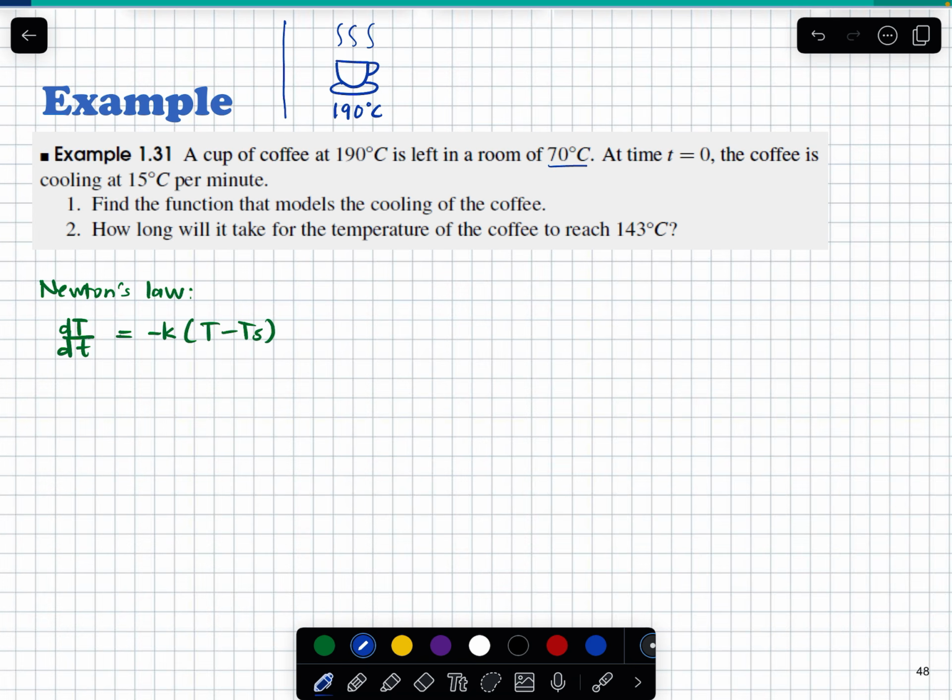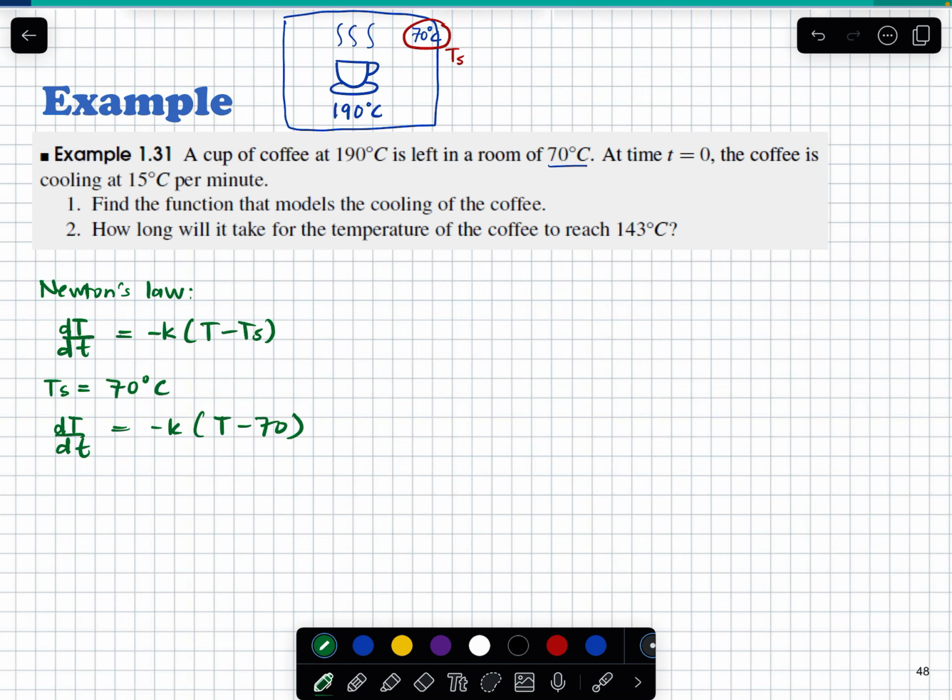It means that the surrounding temperature is 70 degrees Celsius. So we can regard this 70 degrees as Ts, the surrounding temperature. Since we can write Ts as 70 degrees Celsius, we can update the equation. It becomes T minus 70.